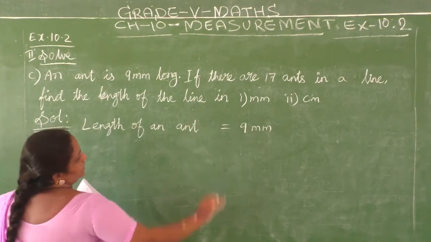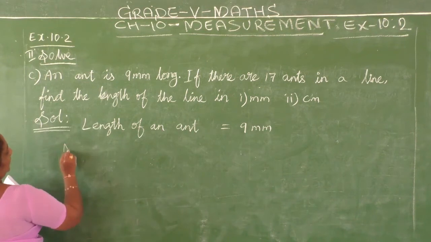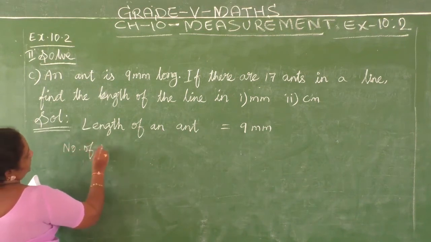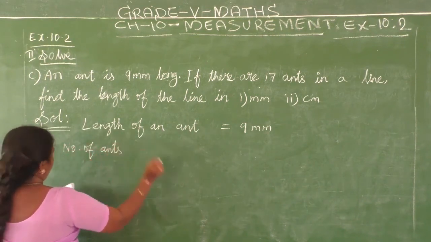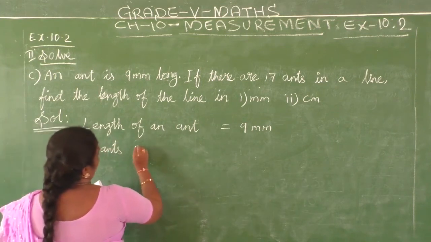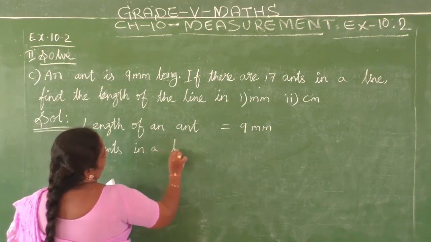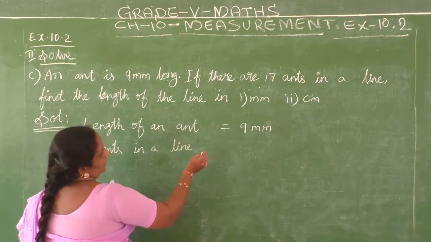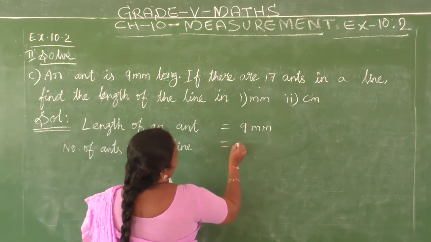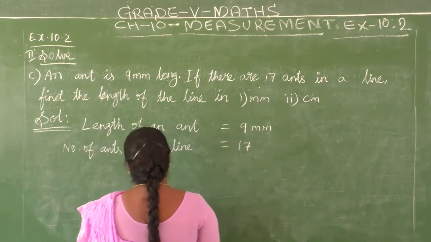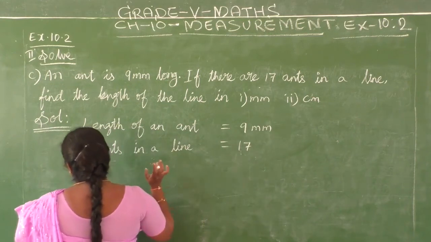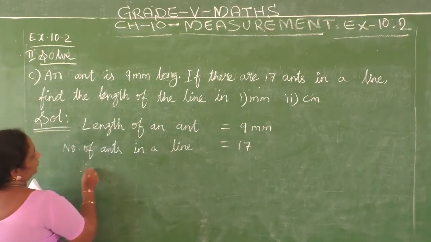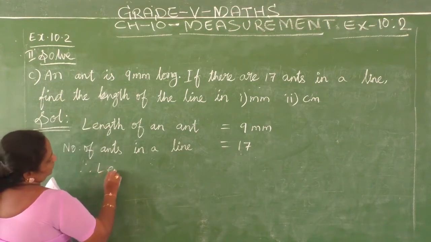Number of ants in a line. How many ants, ma? 17 ants in a line. Now we are going to find the length of a line.